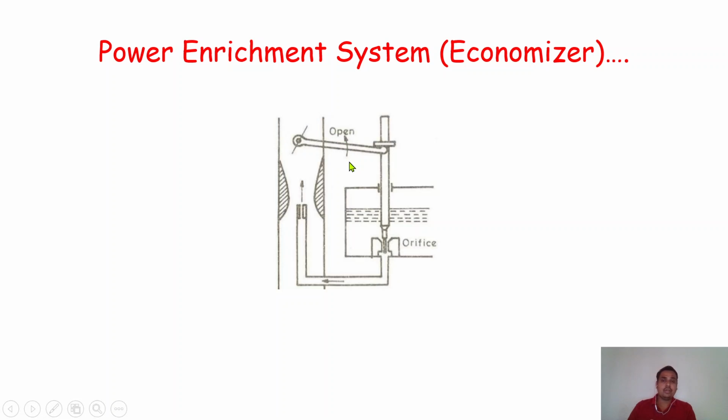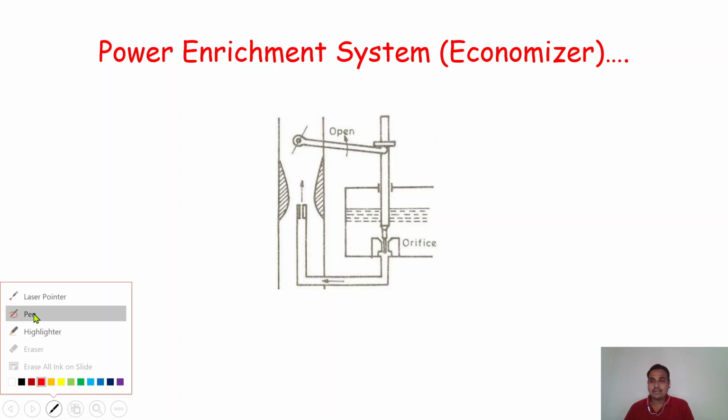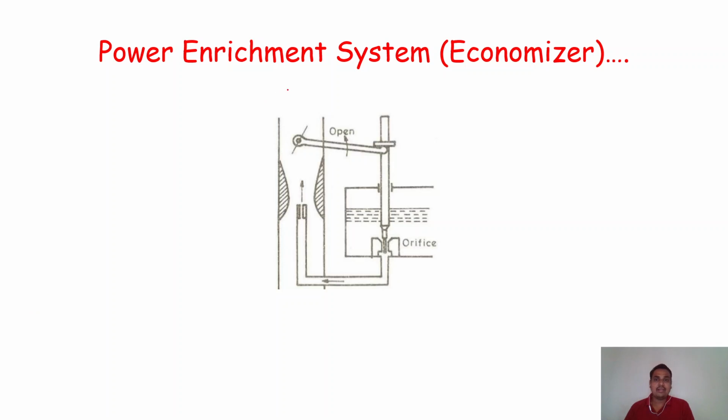So this lever moves in an upward direction. With the help of this highlighter we can understand, as the air comes from this side, this is the direction of air, and as the air pressure acts on this lever, or we can say this wall, the mechanical lever attached to it will move in this direction.